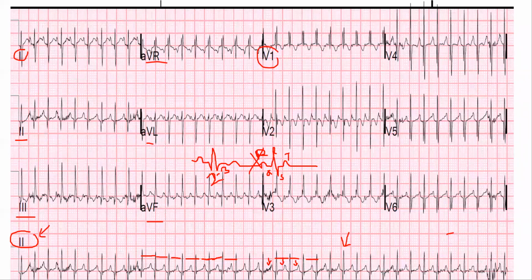You can keep 2 to 3 small squares as normal. So if you see a QRS that only has 1 small square or even less than 1 small square, that's what we call a narrow QRS. If you look at some normal ECGs, you can easily know what a narrow QRS is and what a broad QRS is.